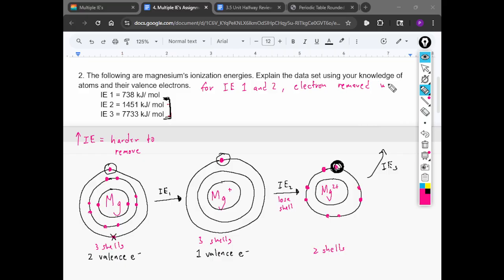The electron removed was in the 3rd shell. So that's further away, right? But what about for IE3? Which shell is this electron in? The one that we need to take away now. The 2nd shell. For IE3, the electron removed is in the 2nd shell.